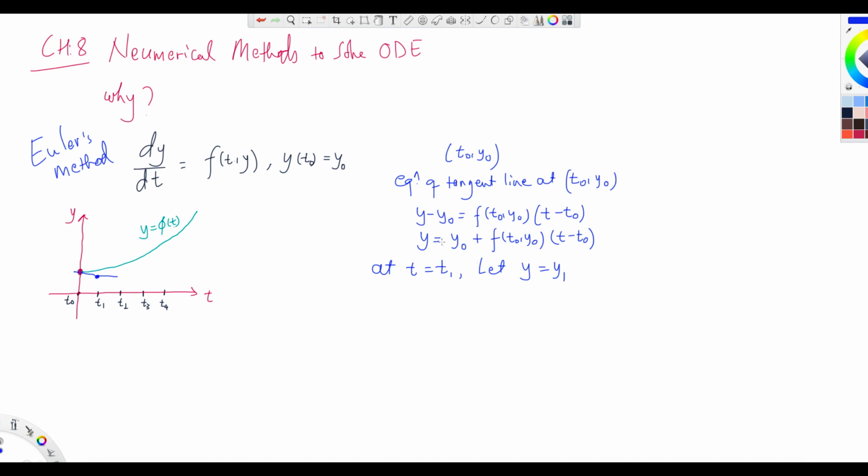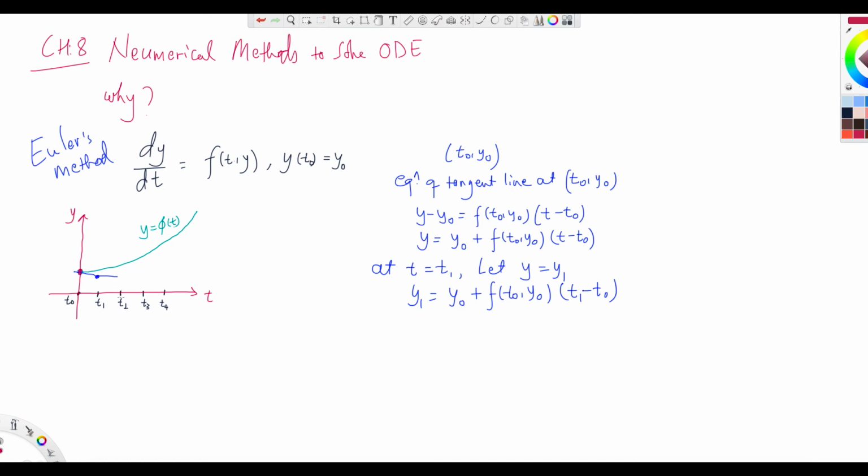okay? So if you plug in that point here, you'll get y1 equals y0 plus f(t0, y0) times (t1 minus t0). So we are replacing t by t1 and y by y1. You see that? Similarly, we next want to approximate the height at t2.